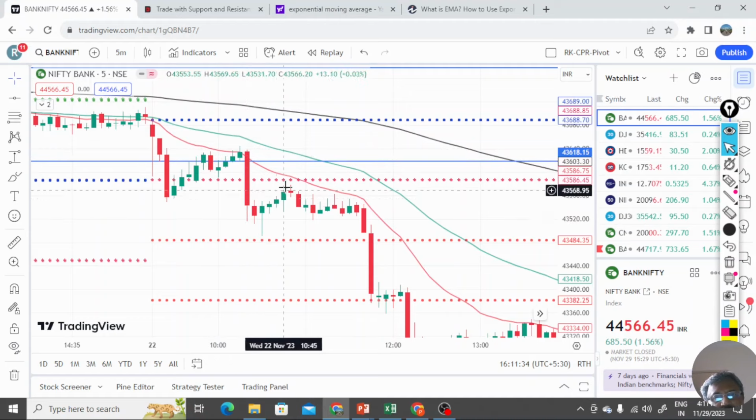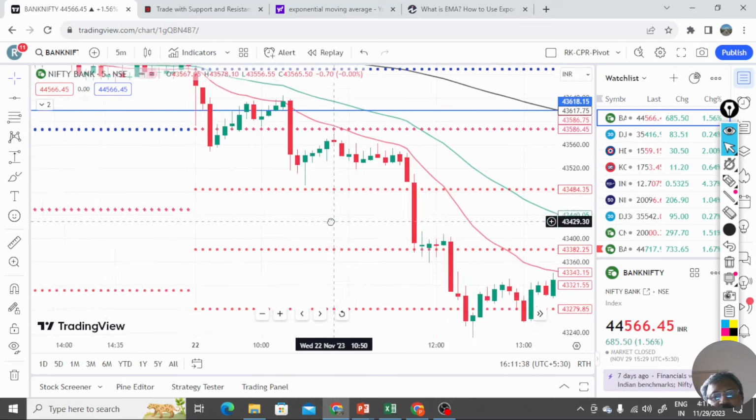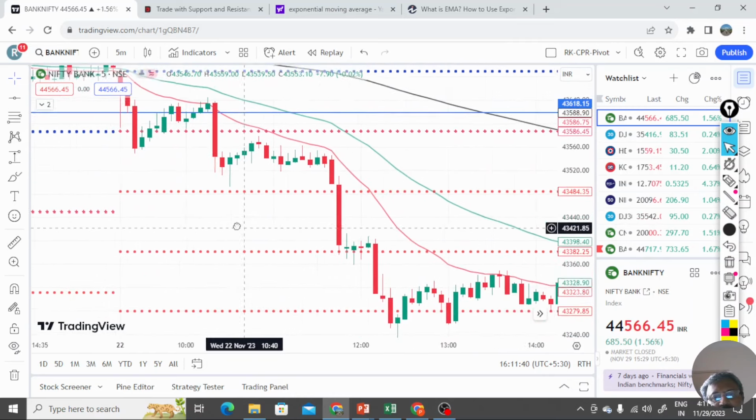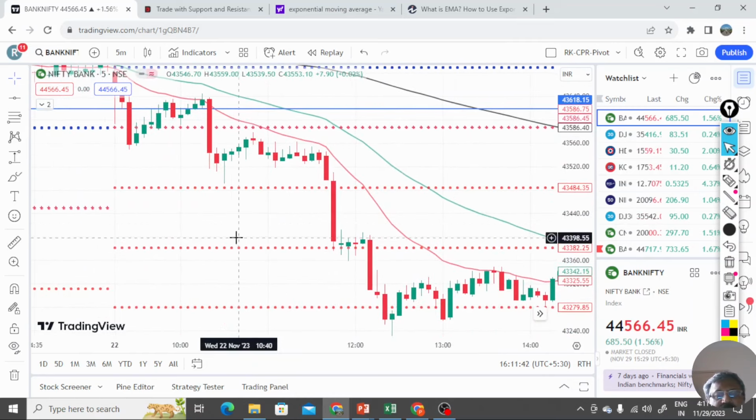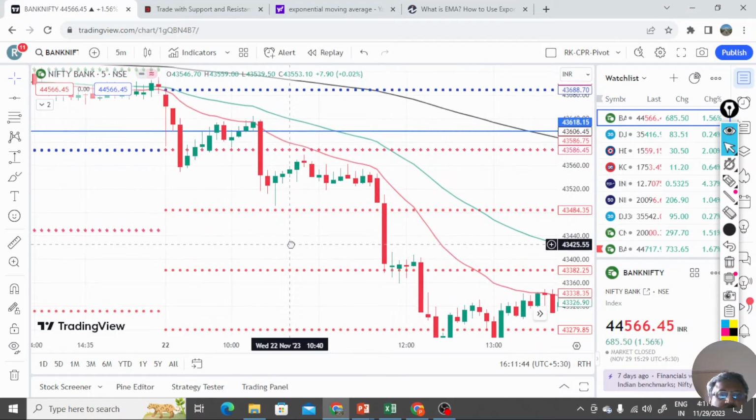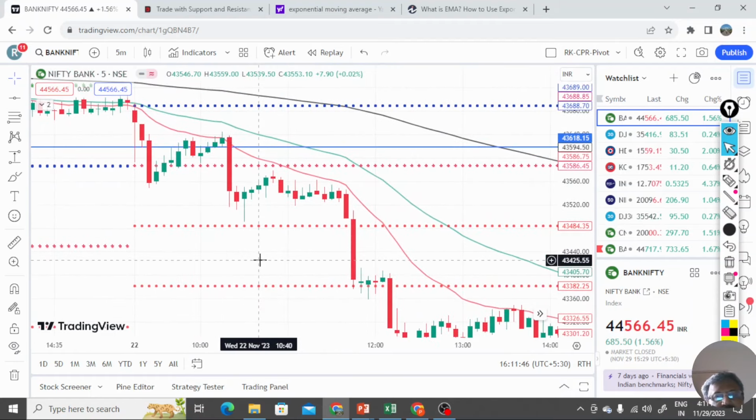Look at this, how it has started moving down. So by trailing stop loss, we can achieve a better target. At least 1 is to 2. If we get such trades, 1 is to 2, even out of 10 trades, if 5 times you are successful and 5 times your stop losses get hit, still you will end up making a profit.